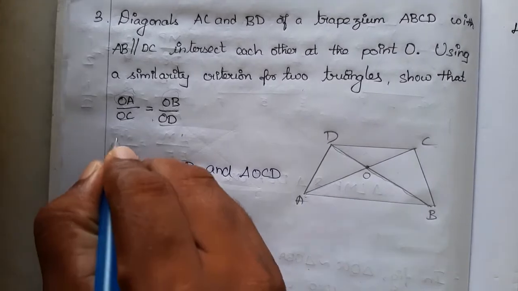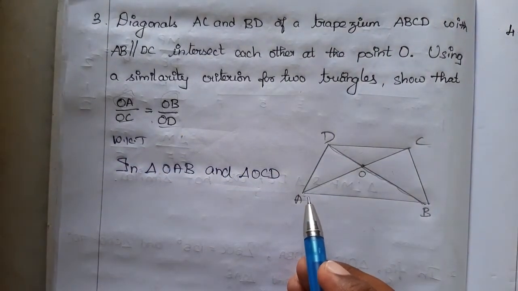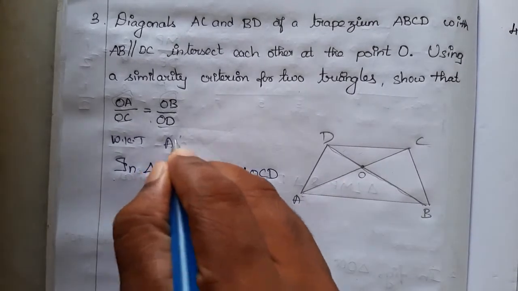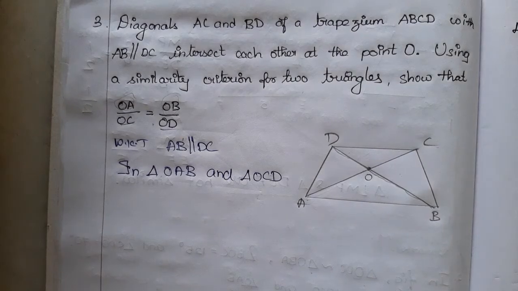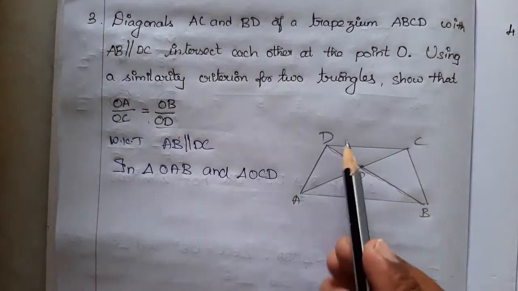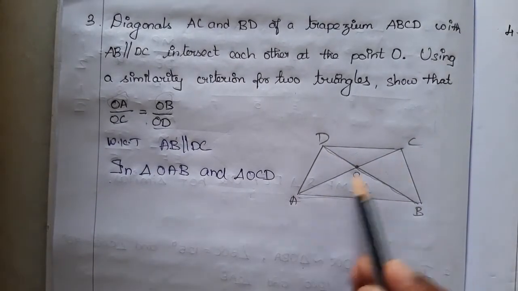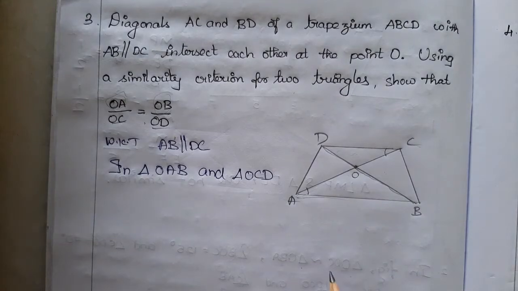We are given that AB is parallel to DC. So here we can use the transversal lines. Alternate angles are equal. These are the parallel lines and this line is the transversal, so this angle and this angle will be equal.